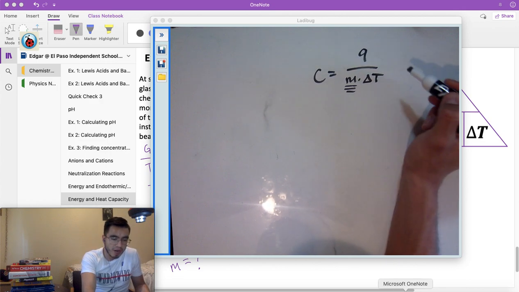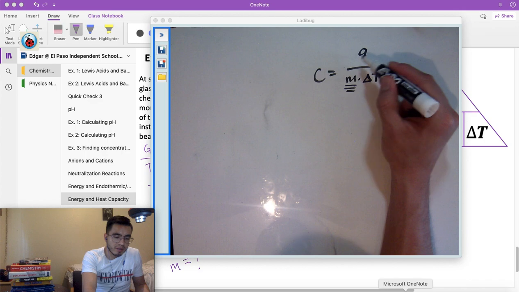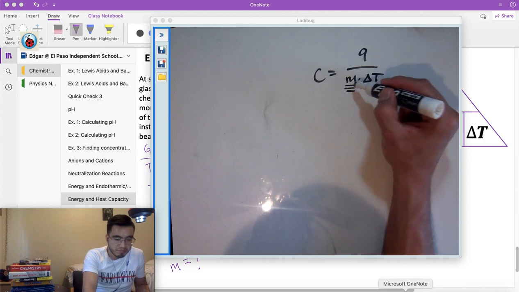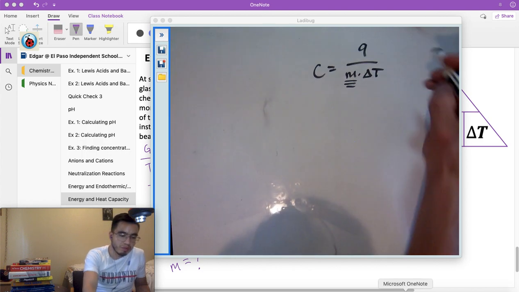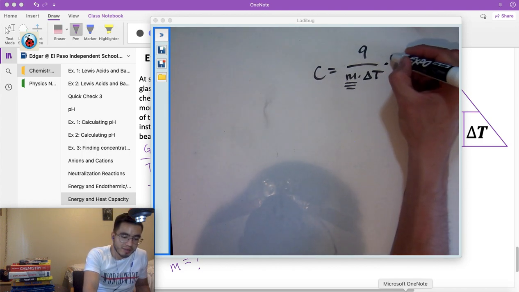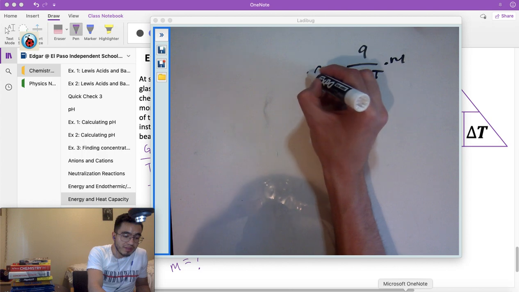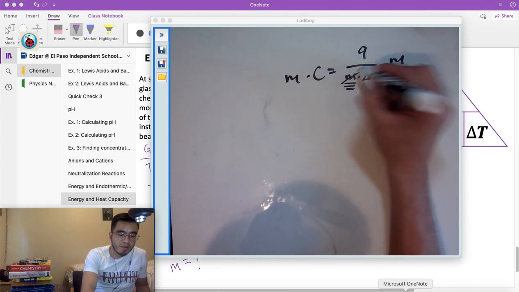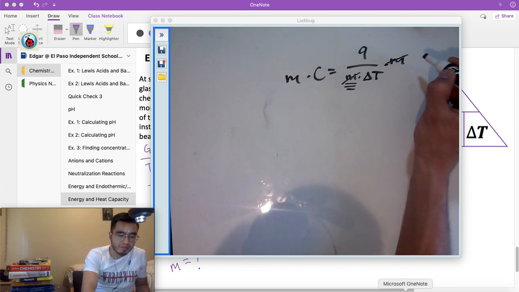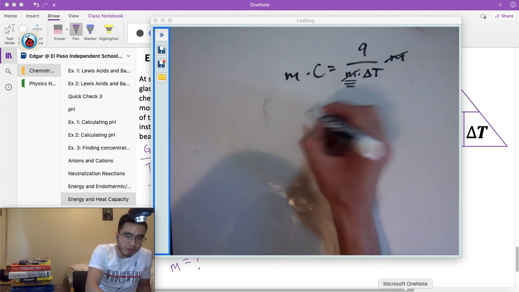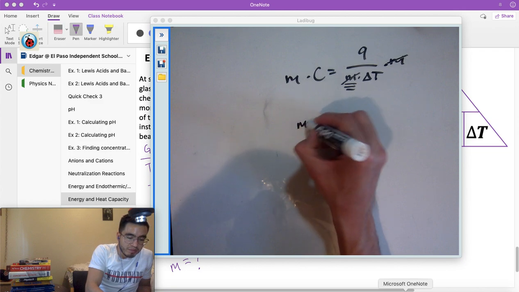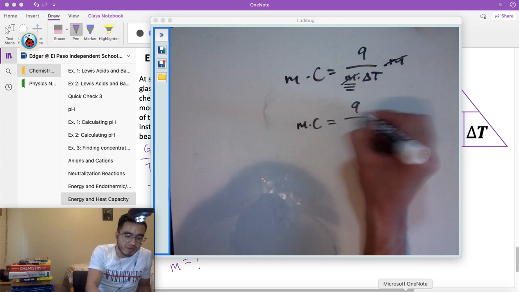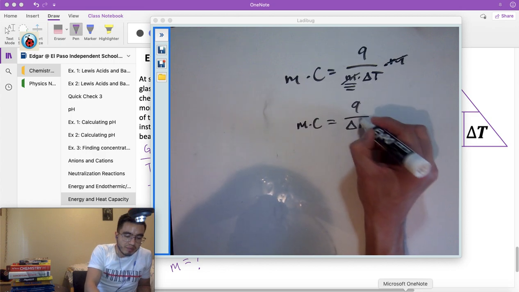So we go for the opposite because Q is being divided by the product of M times delta T. So we multiply by the mass on both sides. Don't forget. This M will cancel this M over here. And our equation would look like M times C is equal to Q divided by delta T.